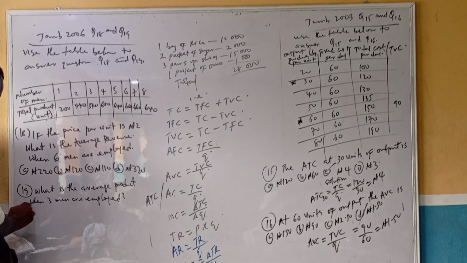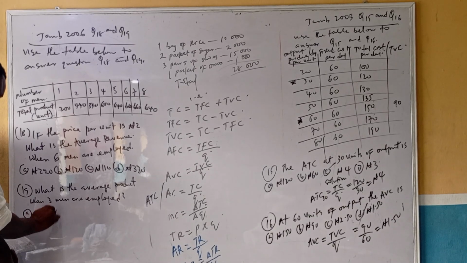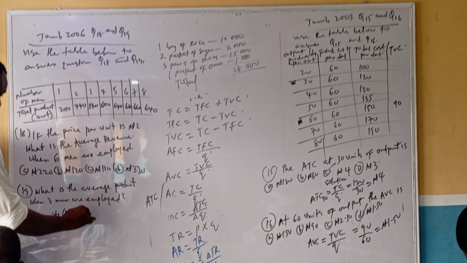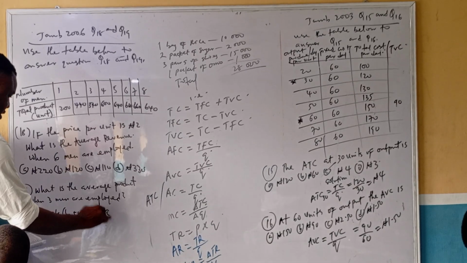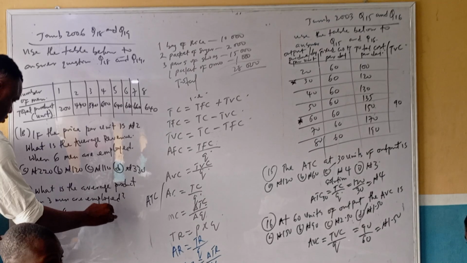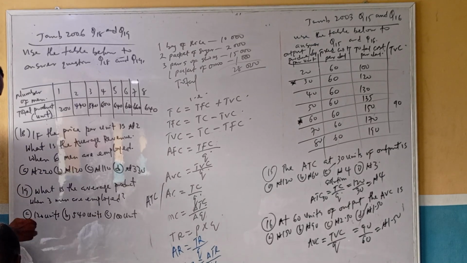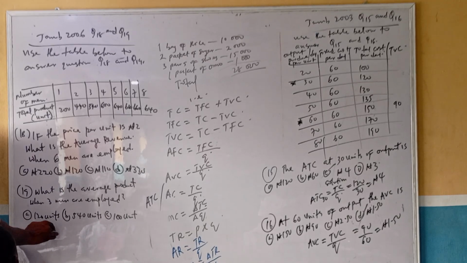A answer 120 units. B answer 540 units. C answer 100 units. D answer 180 units.